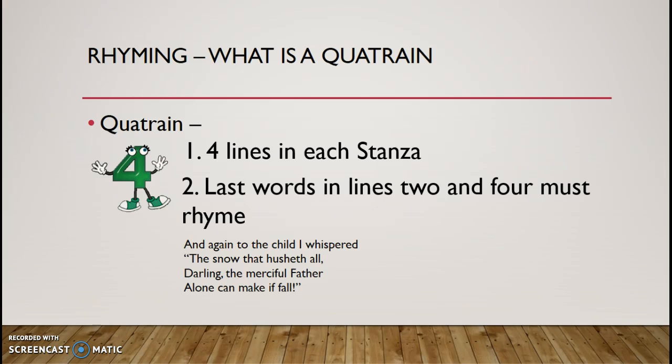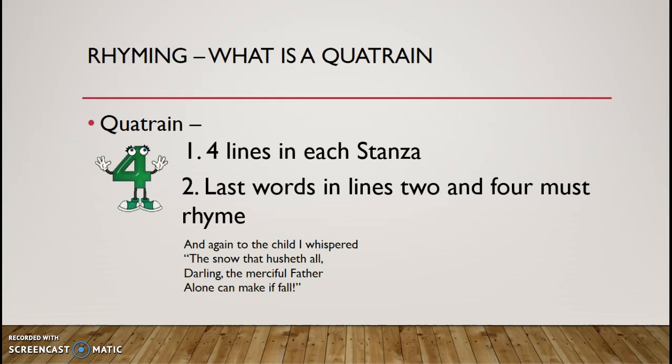Now this is the key point. We look at the last words in line 2 and line 4, and they must rhyme. So, on your piece of paper on number 1, I asked you to circle the words that rhymed. Hopefully what you circled was the word all and the word fall.